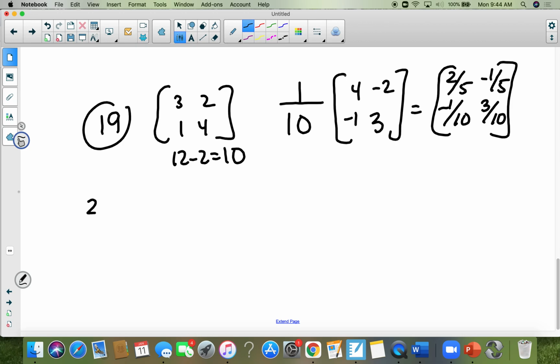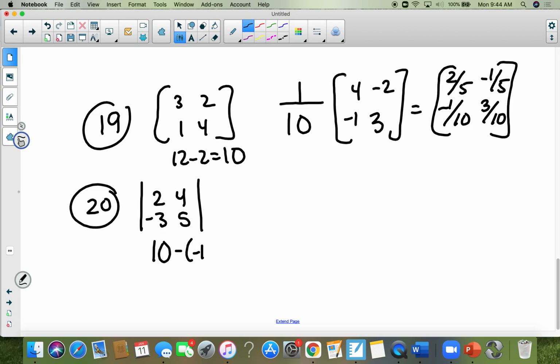Number 20, all they want you to do on number 20 is to find the determinant. 10 take away a negative 12 ends up being 22 for number 20. Number 21, same thing.